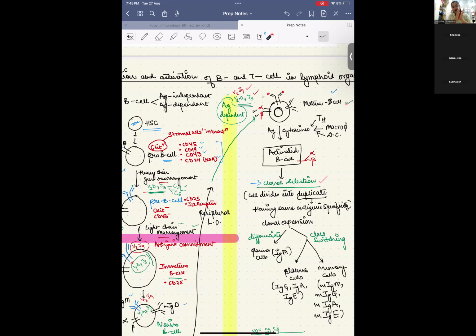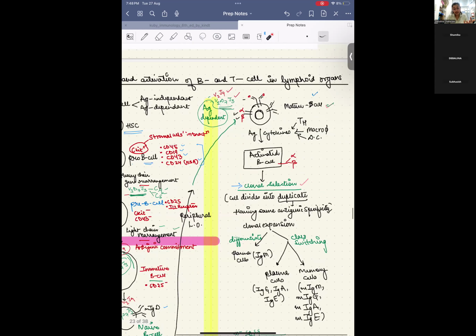When this combination of antibody gets selected, this selection is going to lead to clonal selection or clonal proliferation, wherein all the other remaining centroblasts are now going to differentiate into this particular cell type only.